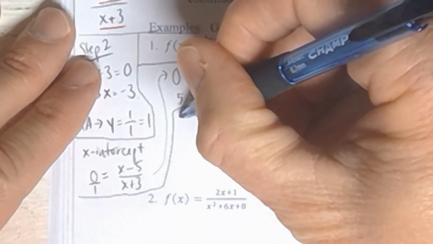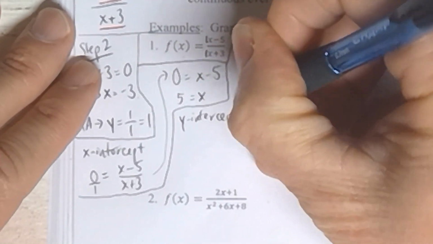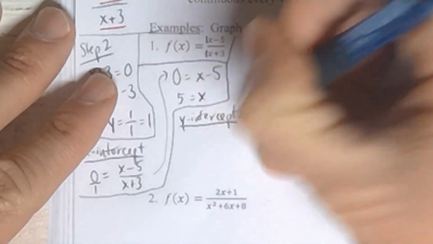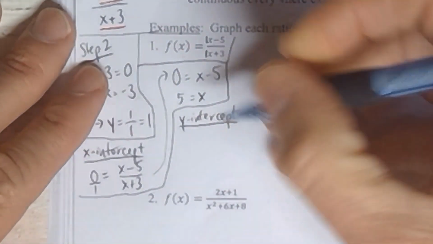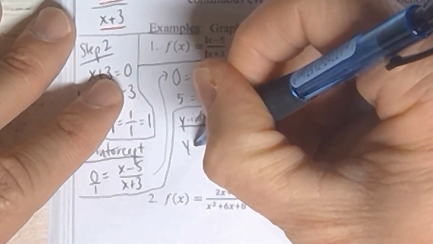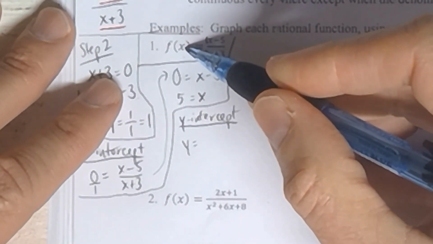How about your y-intercept? Again, we're still in step 3 right here. The y-intercept is when you have x equal to 0. So I plug in x equal to 0, and f of x is the same thing as y. Actually, it's going to be f of 0, because we're going to replace the x with the 0.